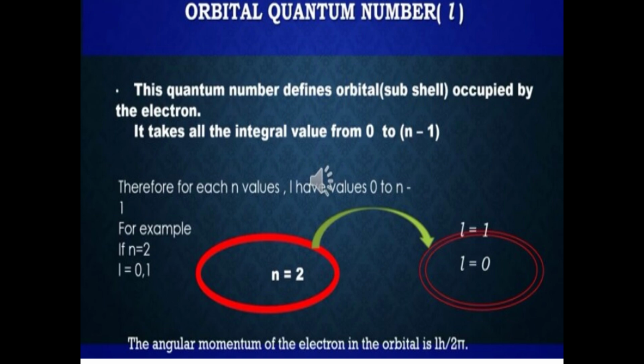Thus, if n is equal to 2, L is equal to 0, 1, where L equal to 0 is called the S electron. L equal to 1 is P electron, L equal to 2 is D electron, then L equal to 3 is F electron and so on. The orbital angular momentum PL of the electron is given by PL is equal to L h cross.